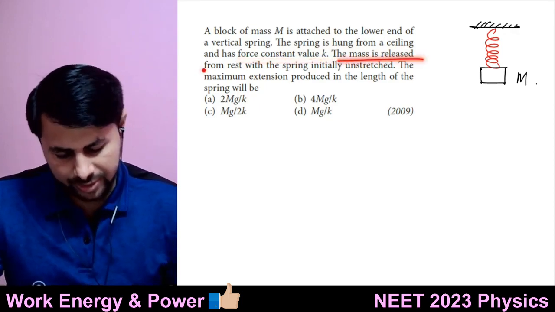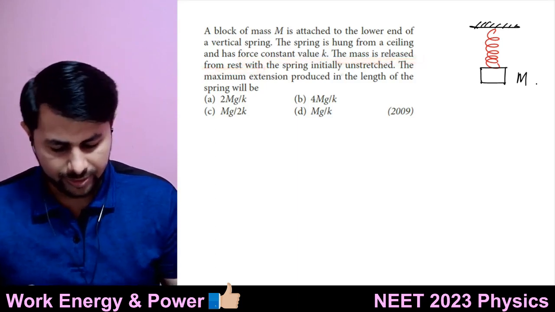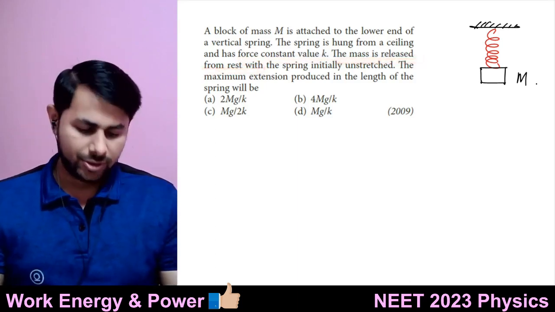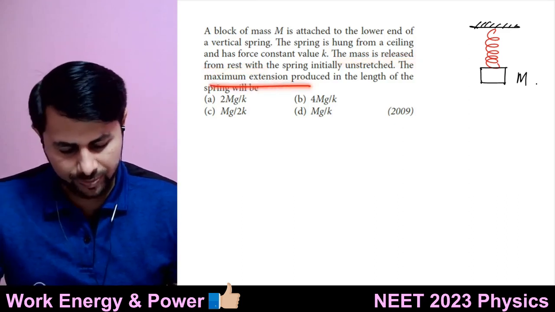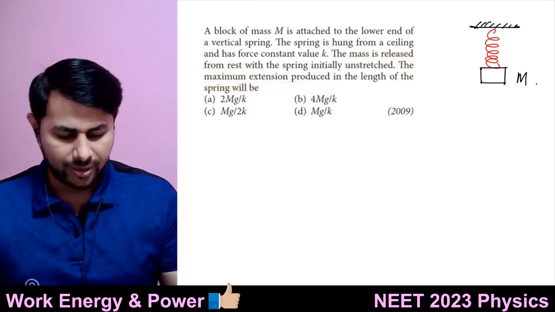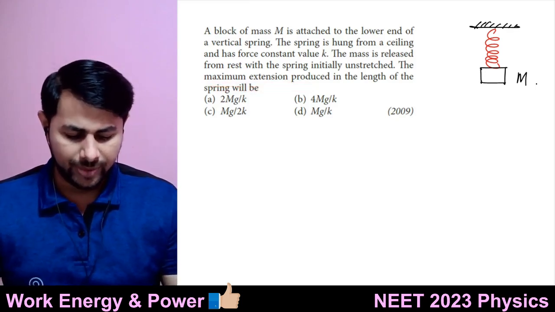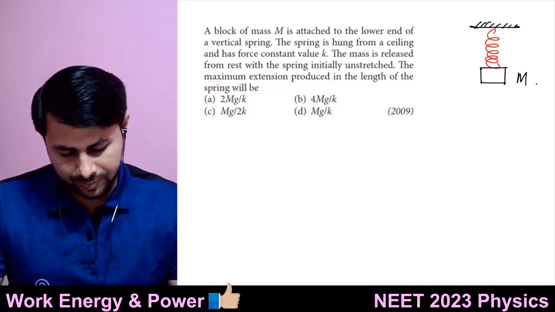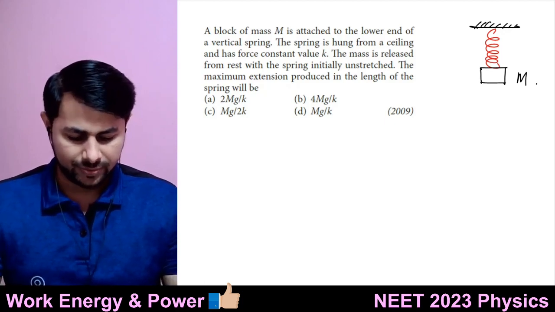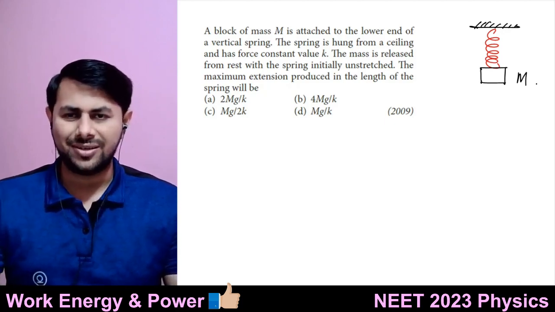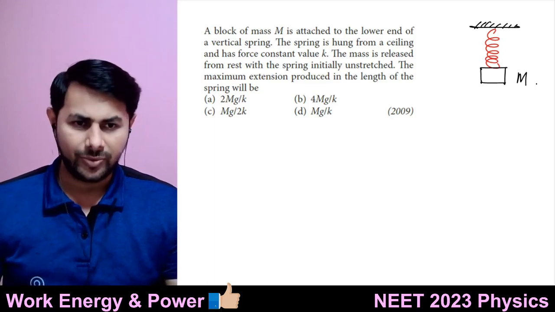The mass is released from rest with the spring initially unstretched. The maximum extension produced in the length of the spring will be, what will be the maximum extension produced in the length of the spring?